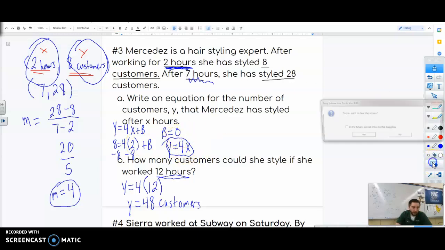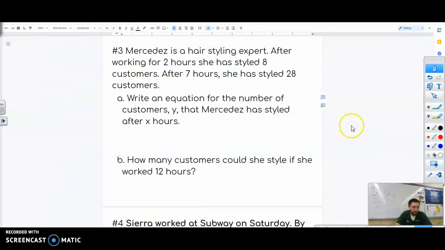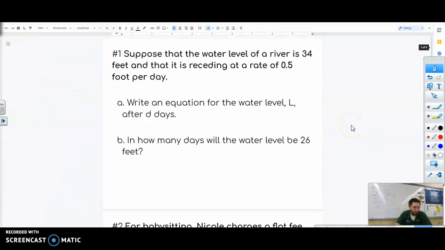If you're not given 2 ordered pairs, like when we did number 1, then be on the lookout for some key words. Rate, per day, feet per day. That was telling me that was my rate. And then the other value I'm looking for is starting amount. In this one the water level is 34 feet. That's where it started. So that would be my b value, my y-intercept.